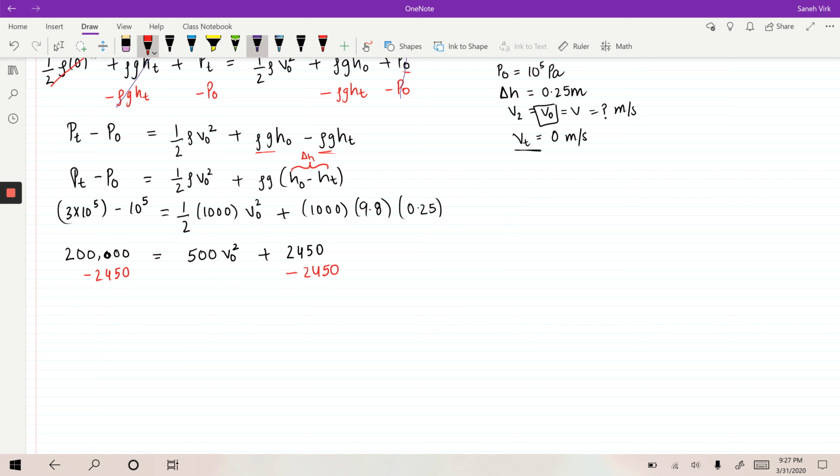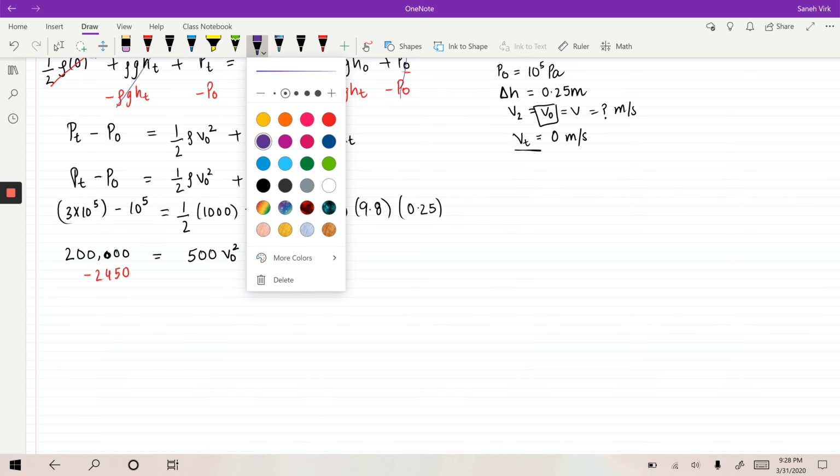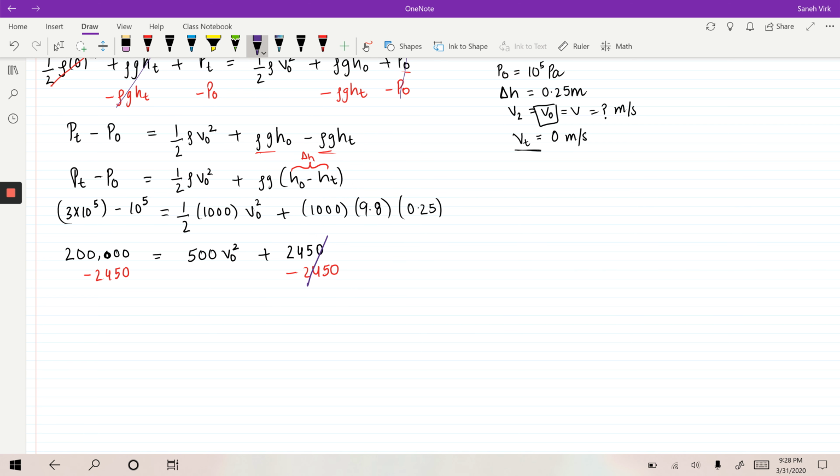I'm going to use purple to cross it out. So this goes away. And then on the left-hand side, we are left with 197,550 equal 500 v naught squared.